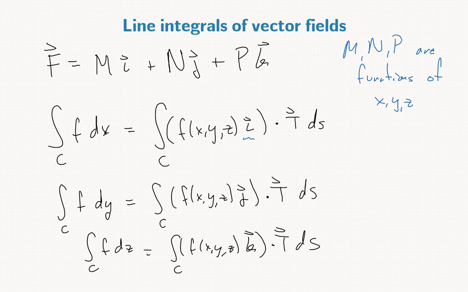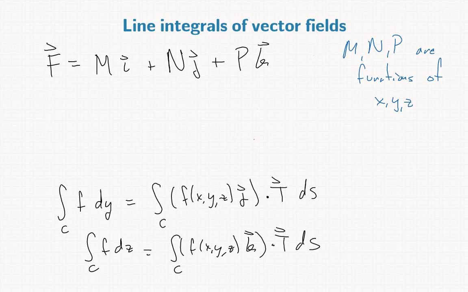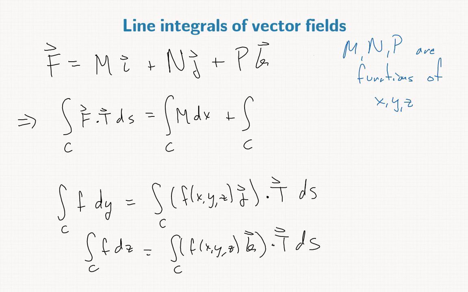Then from these definitions, we get that the integral over C of F dot T ds is the integral over C of M dx plus the integral over C of N dy plus the integral over C of P dz.